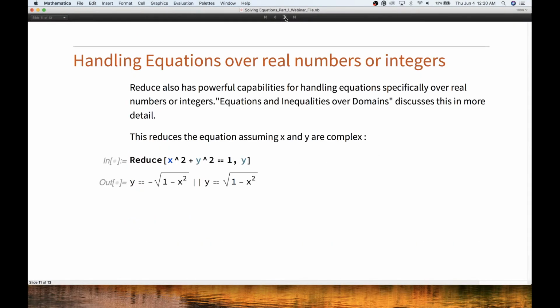Let's move forward and see how you are going to handle equations over real numbers or integers. As you see, Reduce also has powerful capabilities for handling equations over real numbers or integers. This reduces the equation assuming x and y are complex. You can also do it for reals. So if I press Command L, it takes the above input again, and if I want to solve it only for reals, I can just say Reals.